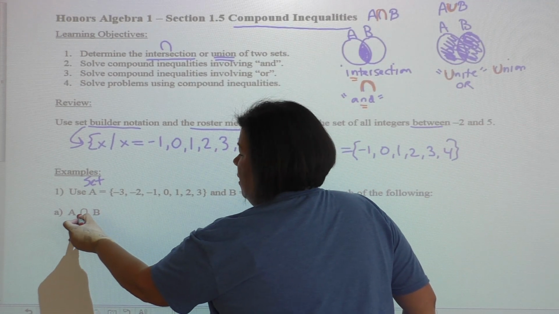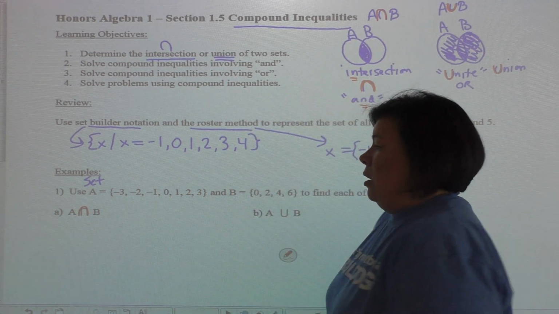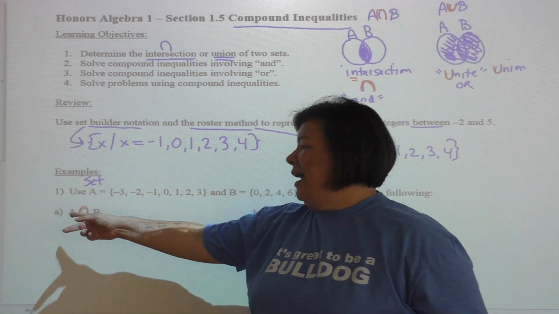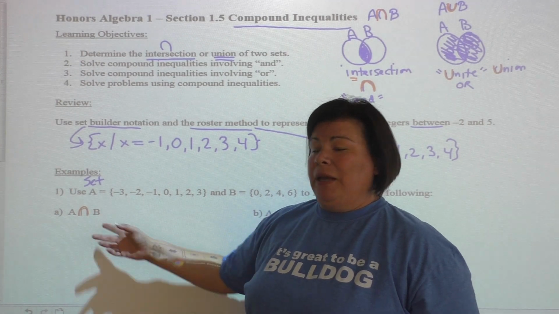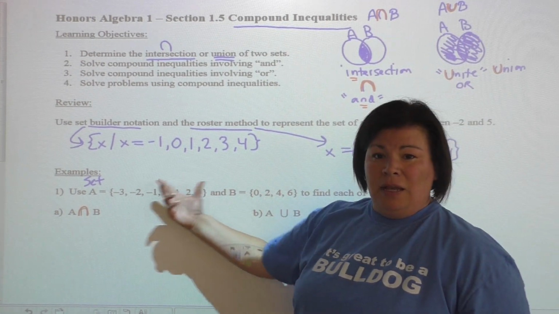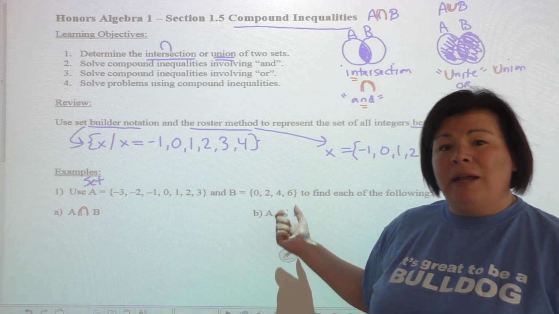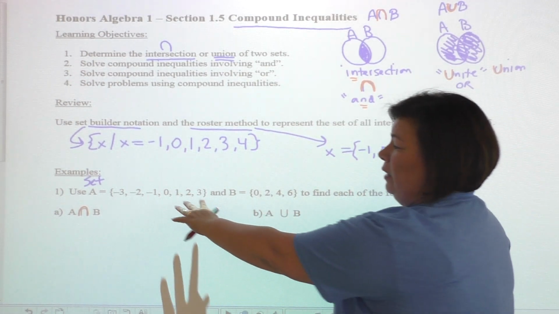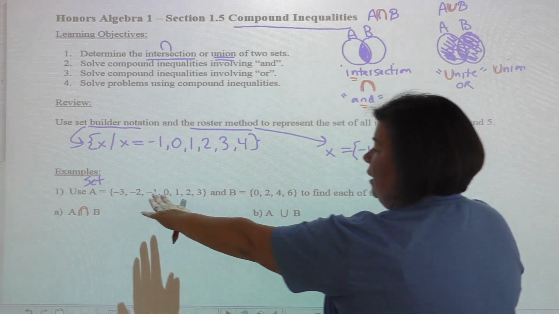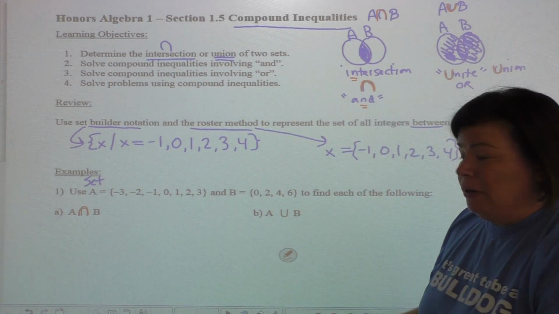So here, they want you to find the solution to where A intersects with set B. So what are all the elements that are contained in set A and at the same time in set B? Well, if we look at each of our sets, we can see that there are some overlapping numbers.